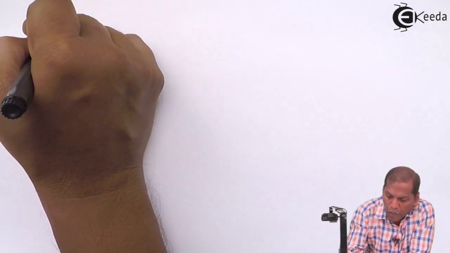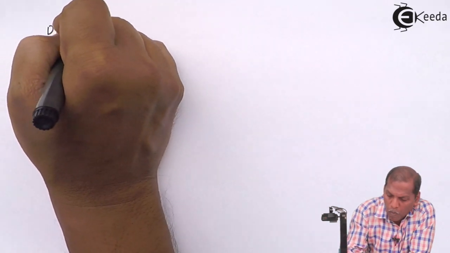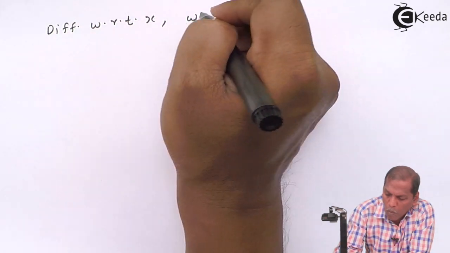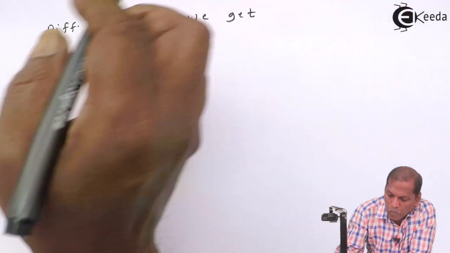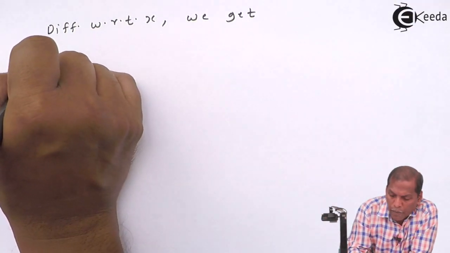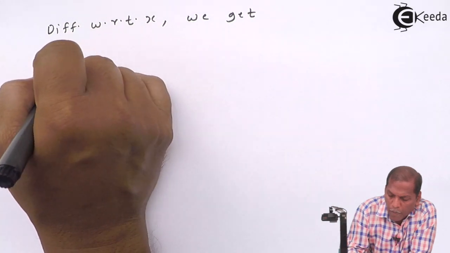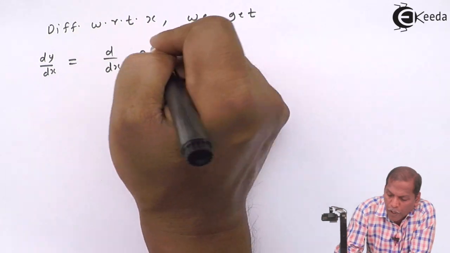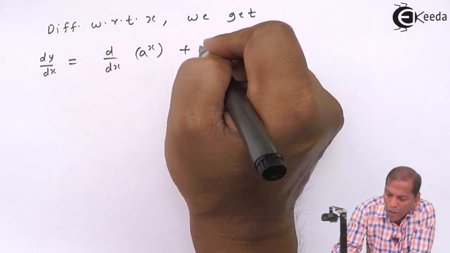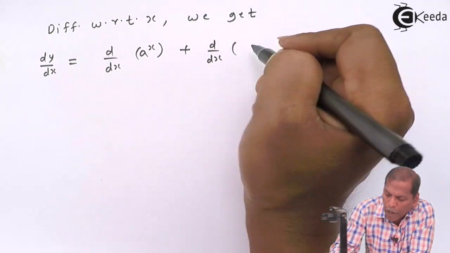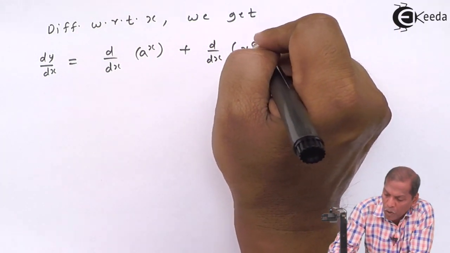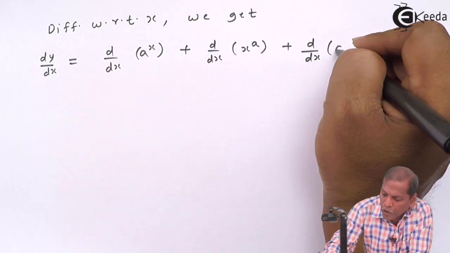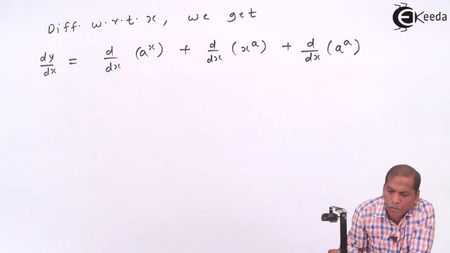We get derivative of y, dy by dx, is equal to d by dx of function a raise x plus d by dx of function x raise a plus d by dx of function a raise a.